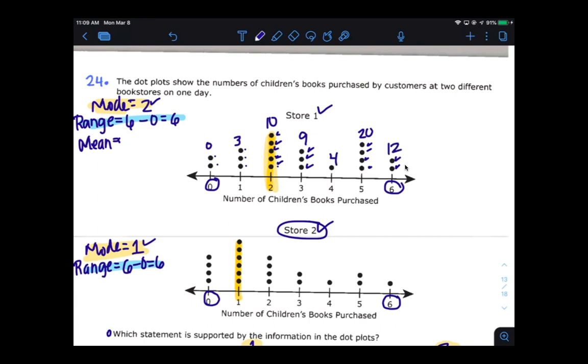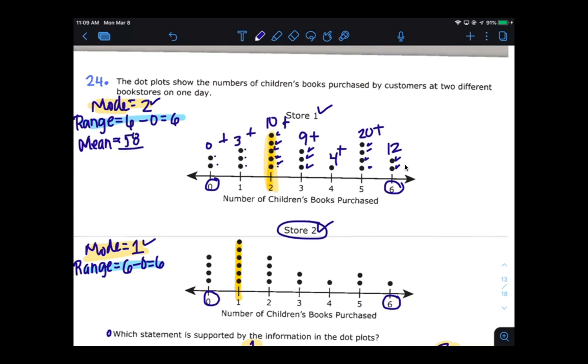And then we add all of these. 3 plus 10, 13, plus 9, 19, and 4, 23. 23 and 20, that's 43. And I think I'm adding something wrong, because the total here, when you add all of these values, is 58.